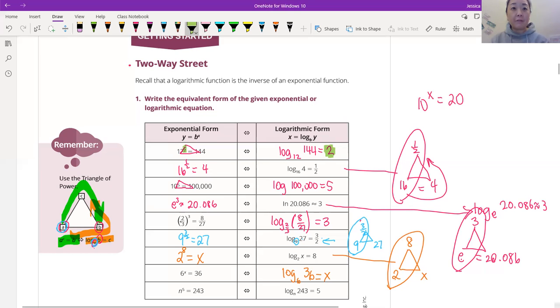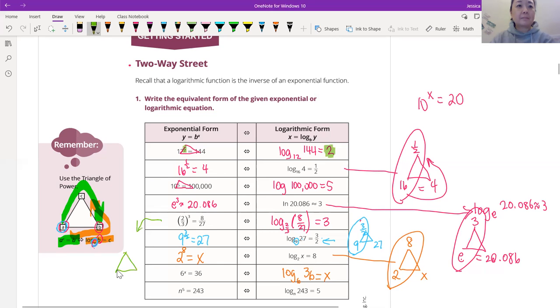If you look at the fraction ones, it's exactly the same thing. You're still making that triangle of power. Where's the triangle? Oh, did I not make that triangle of power? I didn't. Okay, so let's try this out. I'm going to use green for this one. So we'll do this guy right here.